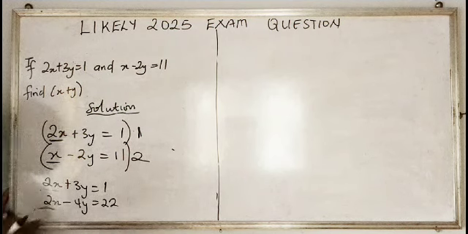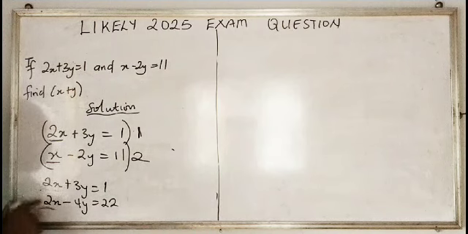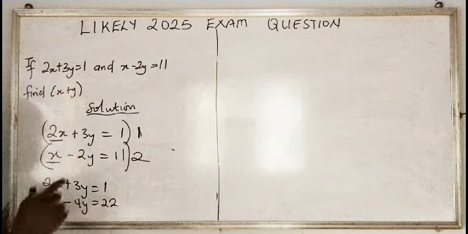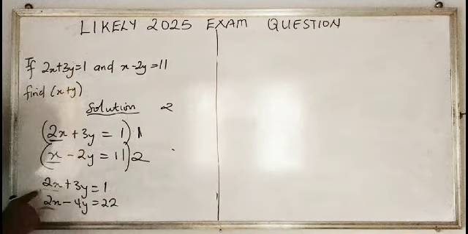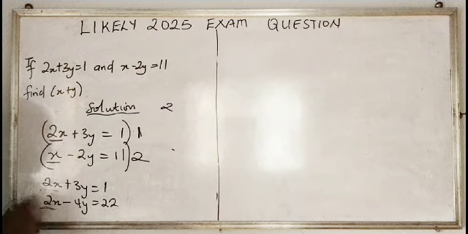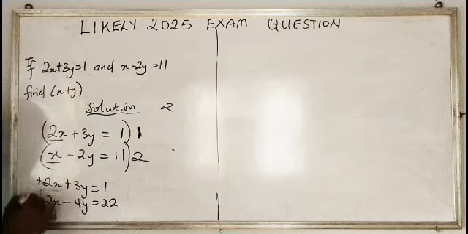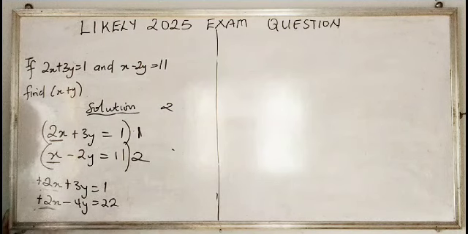Now the third question we are going to ask ourselves is, are the signs the same or different? Remember, when a number is written without any sign, it has an invisible sign of plus. So since there is no sign beside the coefficient of x, it means that both of them have a sign of plus.